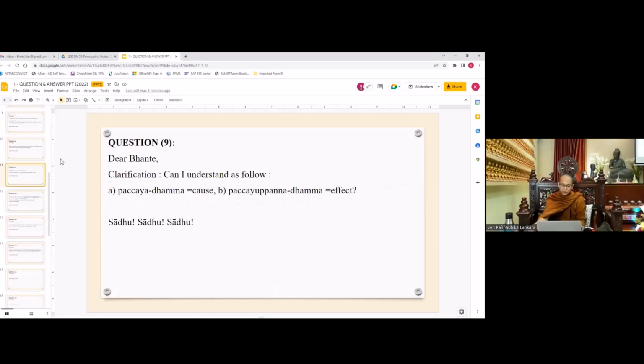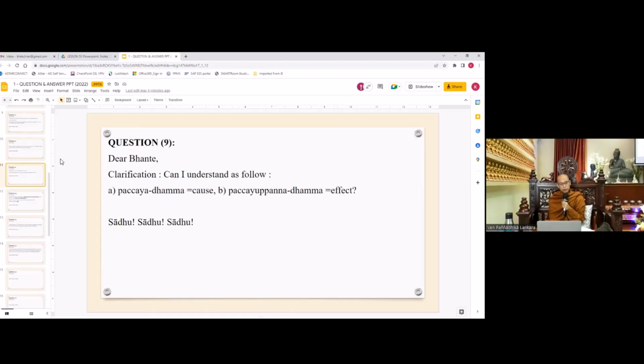Next question. Dear Bante, there's one clarification from a participant. Can I understand as follows? First, Paccaya Dhamma equals cause. Second, Paccayuppanna Dhamma equals effect. Yes, we can see it that way, but not only as a direct cause.